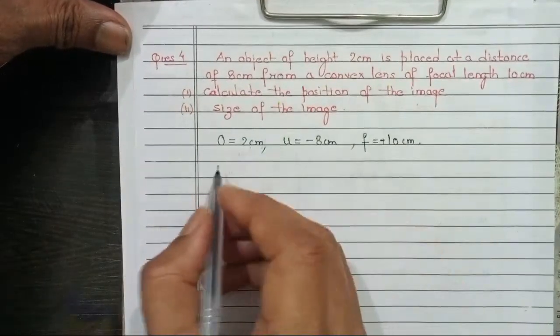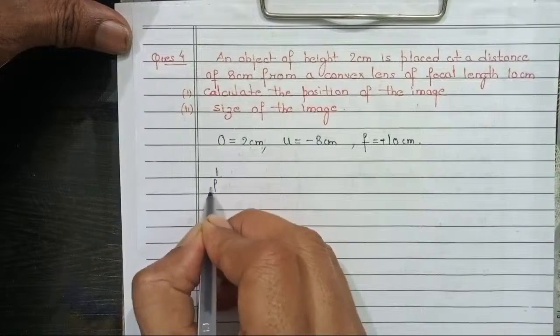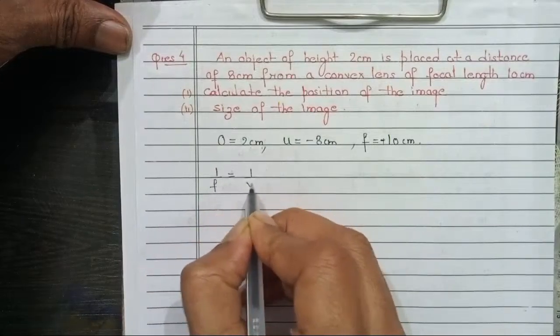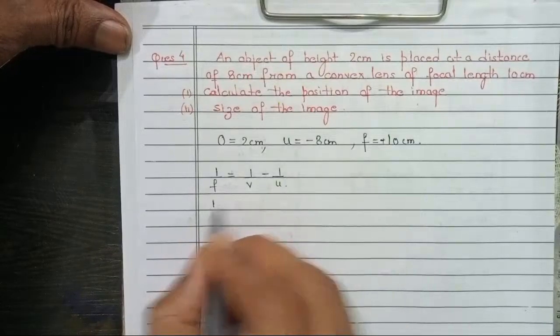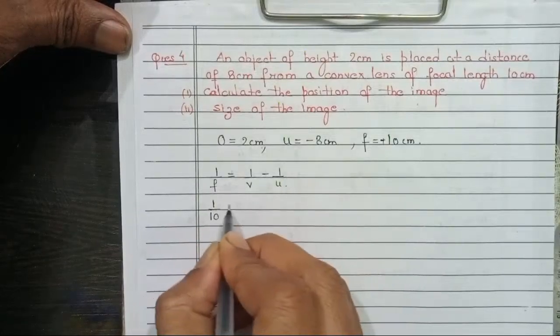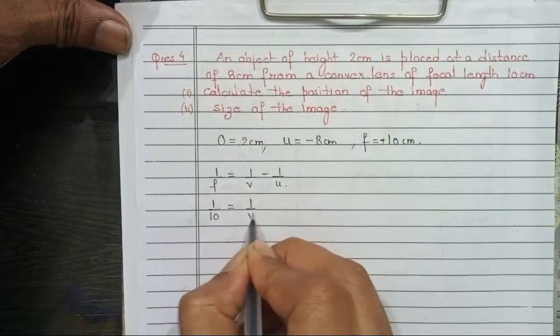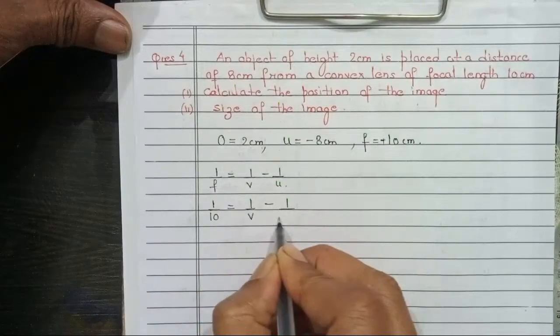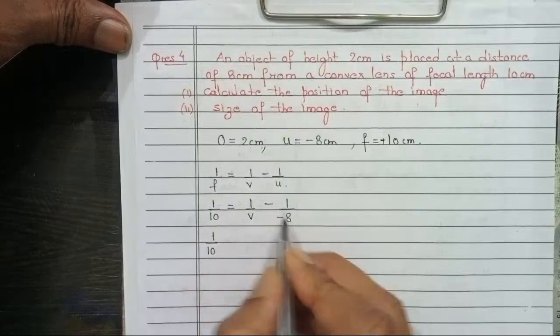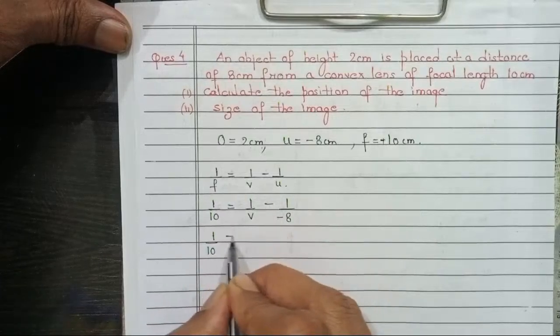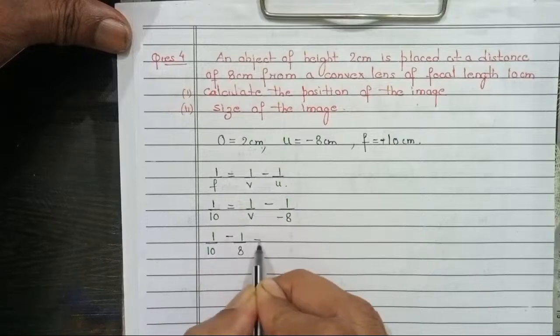Now you need to calculate the position of the image. So we can apply the formula for lens. 1 upon f is equal to 1 upon v minus 1 upon u. Focal length is 10. V we need to calculate. U is minus 8. So it's 1 upon 10. This will become plus and it will be transferred this side, minus 1 by 8.